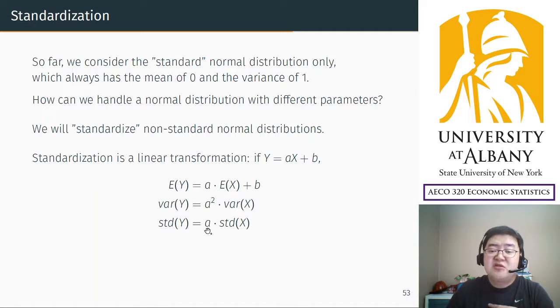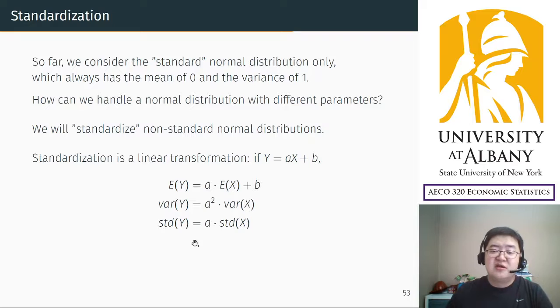Standard deviation is multiplied by a, which is consistent with the unit scale, but it's not affected by the additive constant either. So addition does not affect variance and standard deviation, and multiplication does affect the variability, variance, and standard deviation.